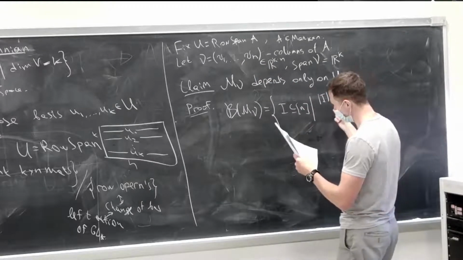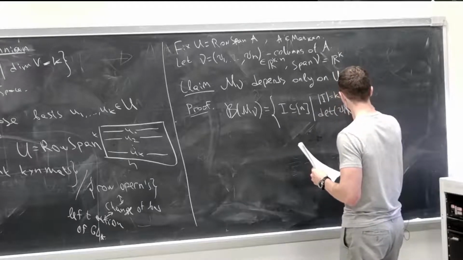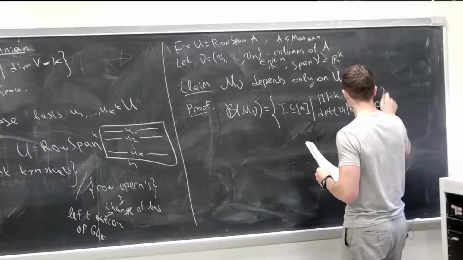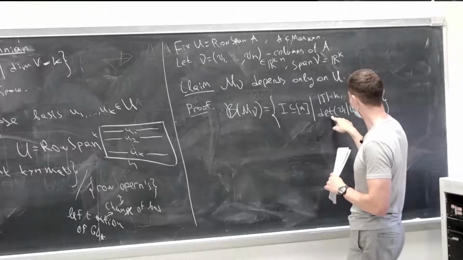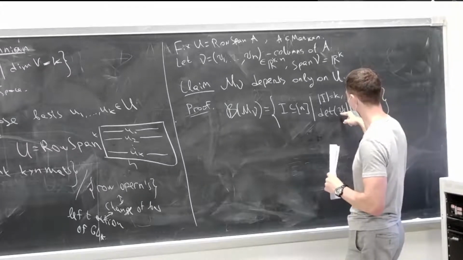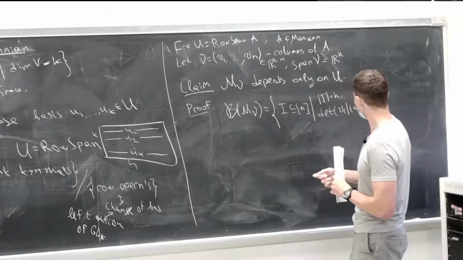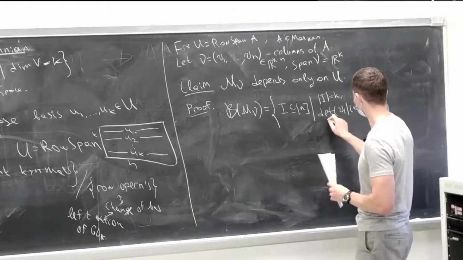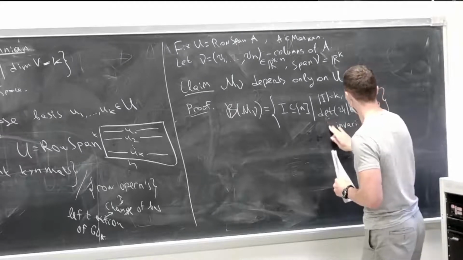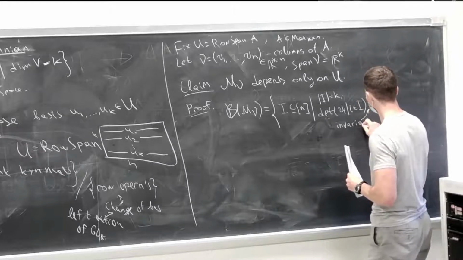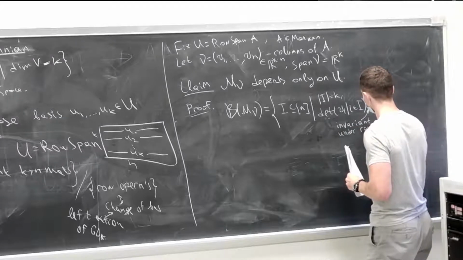What does it mean in terms of matrices? It means that the determinant of the columns v_i, i in I, is non-zero. This is the condition that the given collection of K columns forms a basis of the matroid. And the claim is that the condition that this determinant is non-zero is invariant under invertible row operations.